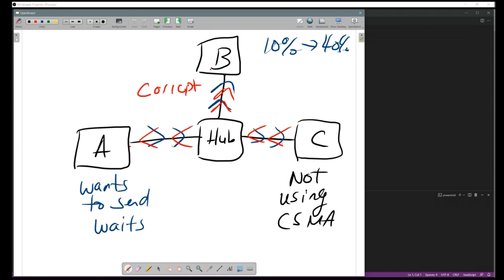It'll keep sending until all the data is received. So instead of A sending its data and getting corrupted and C sending its data and getting corrupted, just retransmitting every time, A will stop sending and let C finish. When C finishes, it'll detect that on the wire there's no more data, and then A can restart to finish its transfer. Okay, so that's CSMA CD.